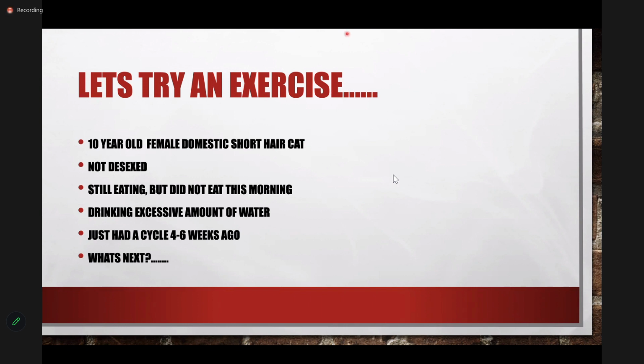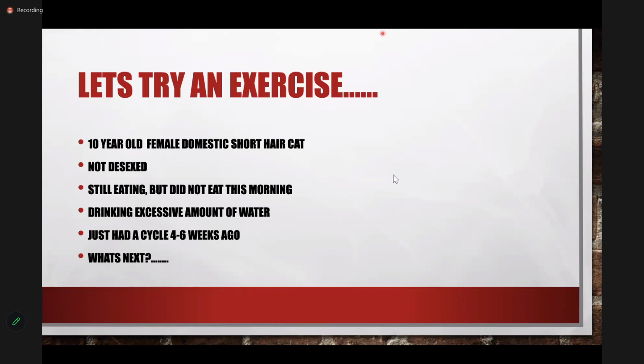The cat is drinking a lot of water. And also the cat had a cycle 4 to 6 weeks ago. Do you understand what a cycle means? Heat.